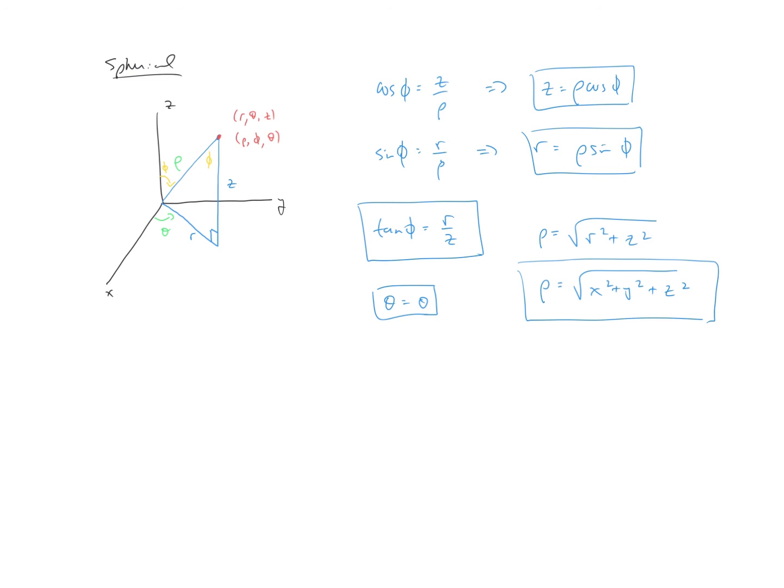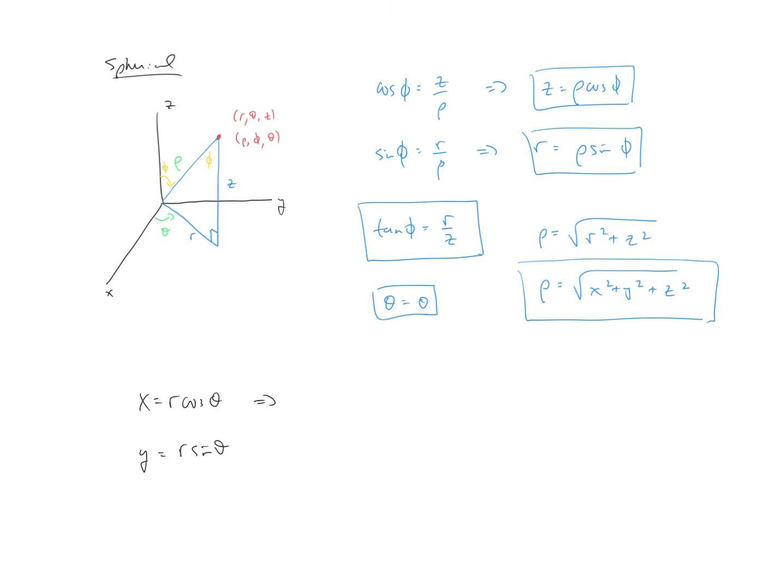The other thing that I need to point out, which is going to be really important, is if you'll remember, we know that x equals r cosine theta, and we know that y equals r sine theta back in polar and cylindrical coordinates. But now, since our r is equal to rho sine phi, I can take this and substitute it here and here.